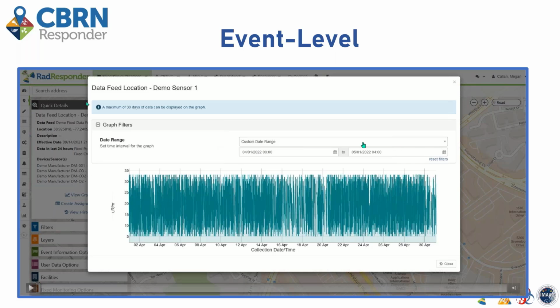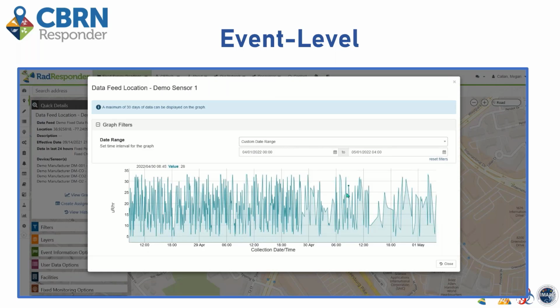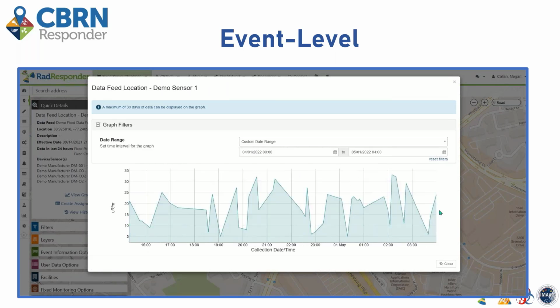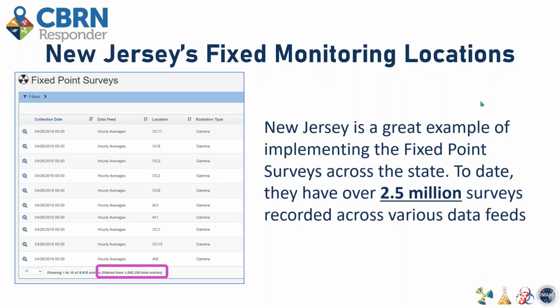Again, here I'm just seeing the date filters, but depending on how I have my location set up, I can also customize it to show other devices that the readings have come in from. And you can see to the top left of the graph, I can see the specific time and the value that I'm viewing.